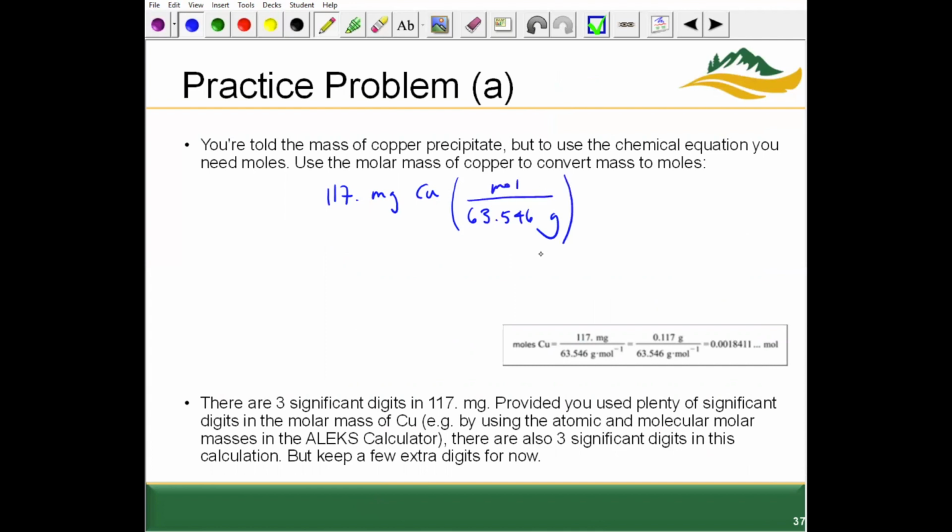We want to put mass in the denominator so we can cancel out grams and grams, but oh wait, we also need to deal with the fact that this is in milligrams. So within the same step, let's convert milligrams to grams.